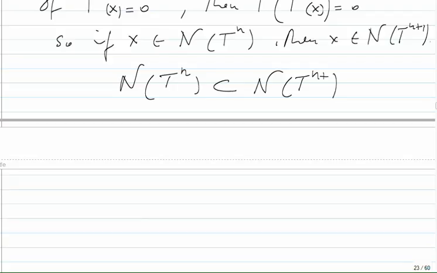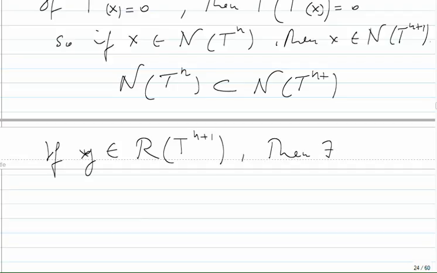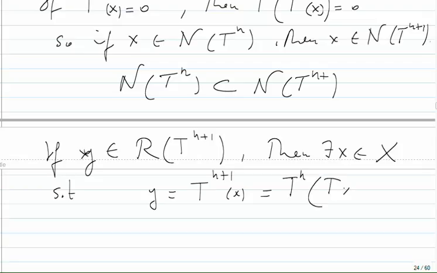Now the range. If Y belongs to the range of T^(n+1), then there exists an X in X such that Y is equal to T^(n+1) of X. It is very easy to see that Y is the image of T of X under the action of T^n.